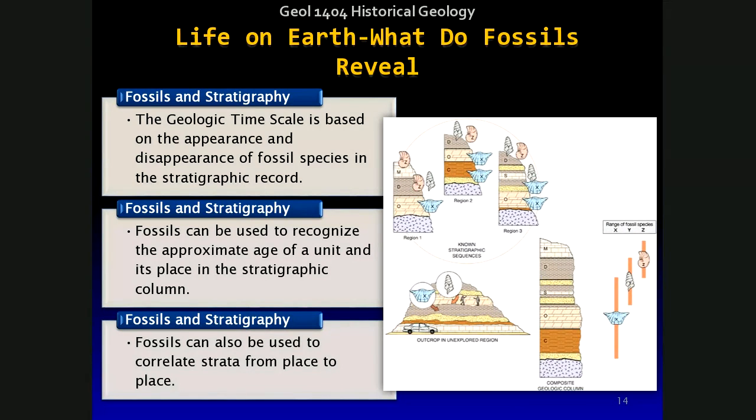So here we have an example, right? We have fossil X, fossil Y, fossil Z, taken as examples. These three figures are providing some information, and these are the ranges of those three fossils.